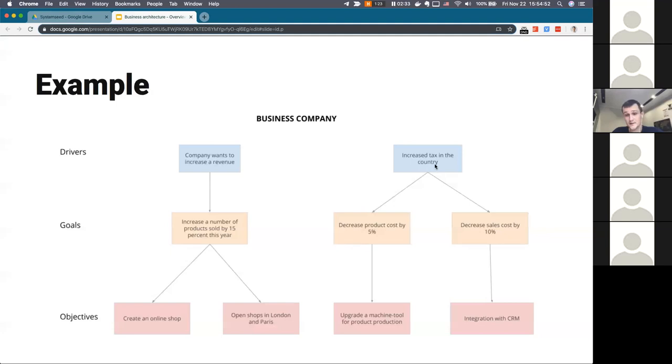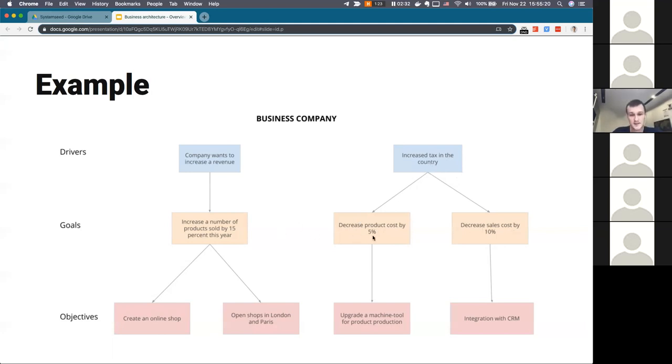The next driver is to increase tax in the country. This is an example of an external driver, and which goals should be defined to react to this driver. We can decrease product cost by 5% and decrease sales cost by 10%.